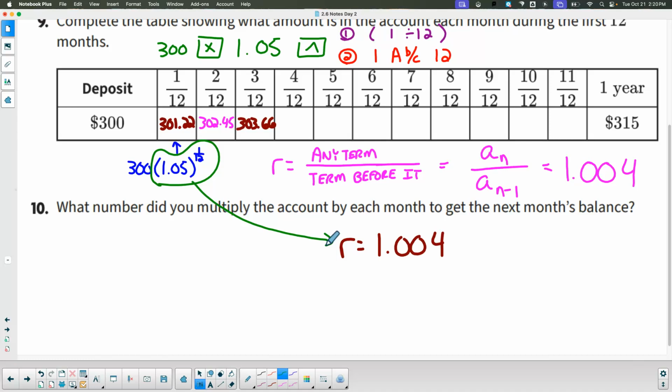So type in on your calculator just 1.05 raised to the 1/12th power. I forgot to raise to the power. How do we do the raise to?